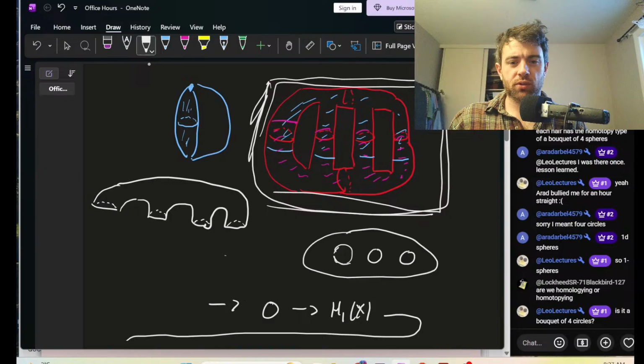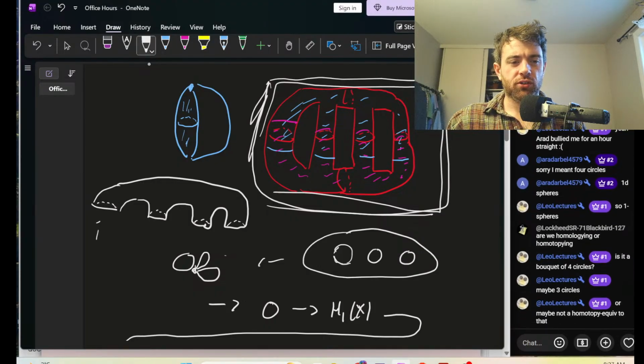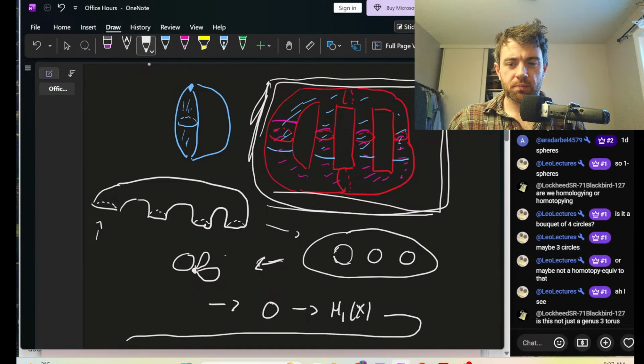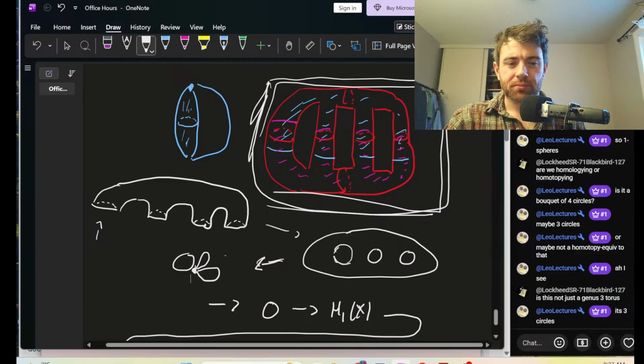We can flatten it out to be this, because this outside hole becomes the inside, and so you flatten it out like this, and then you contract it. Isn't it 3 circles? Because then we could contract it to this, right? Like imagine taking this circle here becomes the outside boundary, and then you contract it down to the circle. So I think it should be 3 circles, no? Yeah.